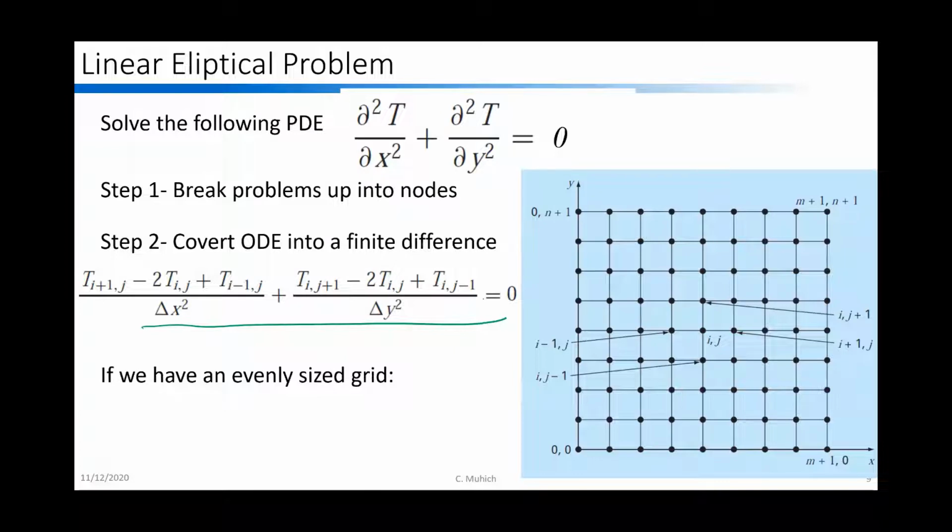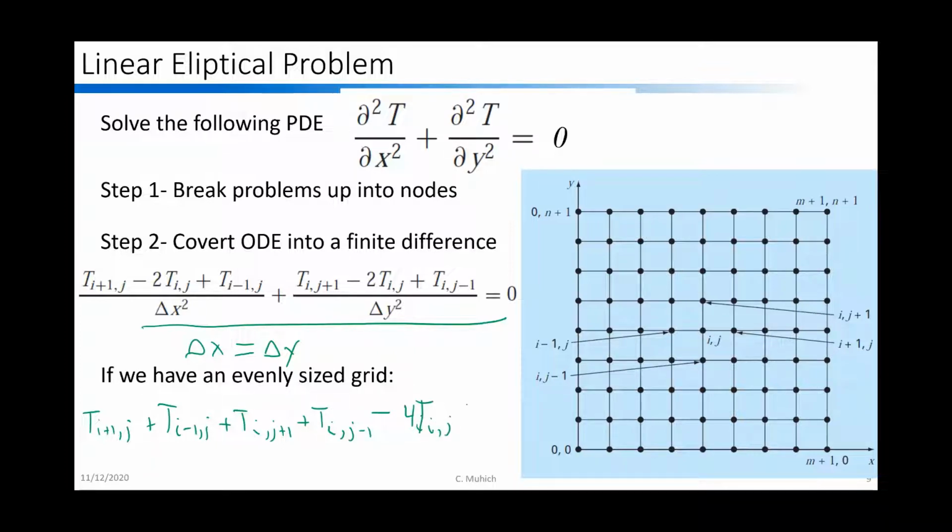So if we have an evenly sized grid, so let's say delta x is equal to delta y, if I set this up such that they're even, we can go in and multiply through by delta x squared and then sum the terms, and we get the formula t i plus 1 comma j plus t i minus 1 comma j plus t i comma j plus 1 plus t i, j minus 1 minus 4 t i comma j equals 0.